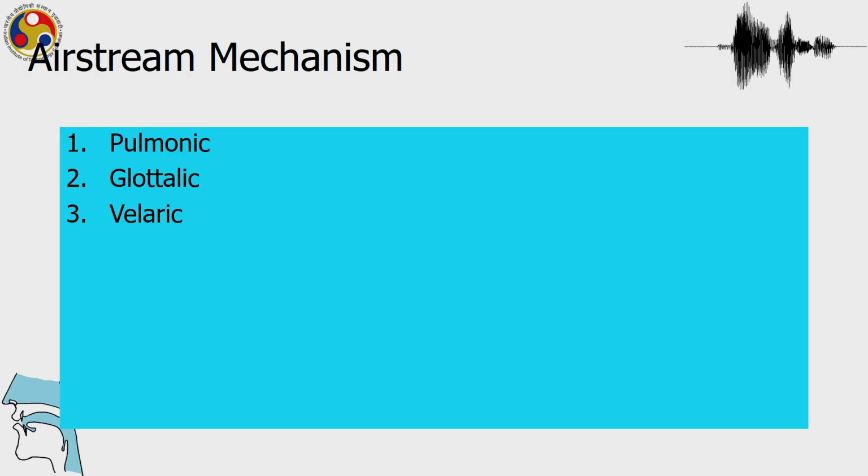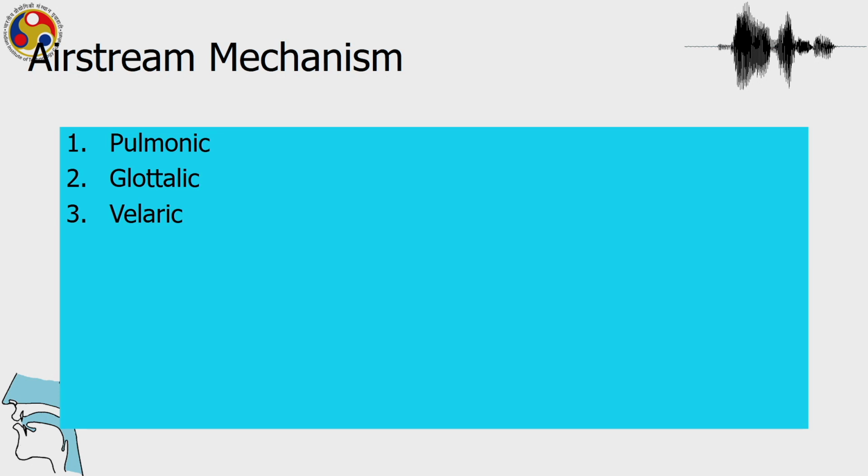Most sounds that are produced in languages of the world are almost always pulmonic, and that's how humans speak, with the pulmonic egressive airstream. Now importantly, it's not always that sounds are produced with the pulmonic egressive airstream, and there are a few languages which use the glottalic and velaric airstreams also, producing very interesting and unique kinds of sounds.